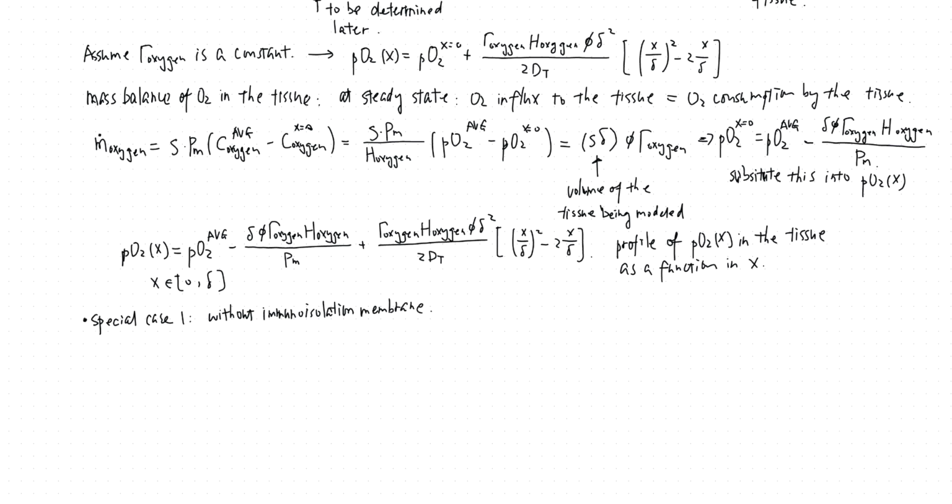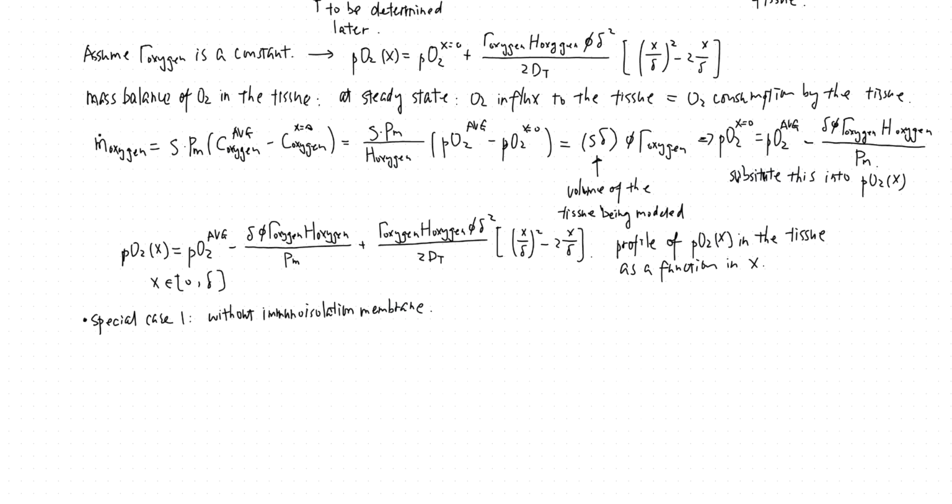For example, before they put this tissue into the body, they may just grow this tissue in a bioreactor, and then it's surrounded by some medium, cell culture medium, or any other environment. In that case, they may not have the membrane yet. Or maybe in some scenario they don't need the membrane.